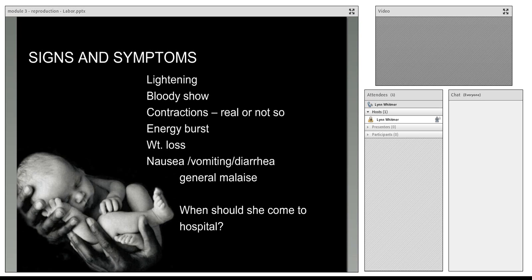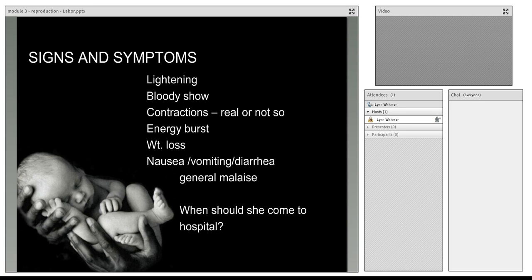Remember, we said our goal is 2 to 3 minutes apart for efficient, effective uterine contractions. When they're very far apart, they're not very effective, and the uterus isn't really pushing that baby down. If they're too close together, again, you have muscle fatigue, it's inefficient, and we can have some problems for the baby as well.